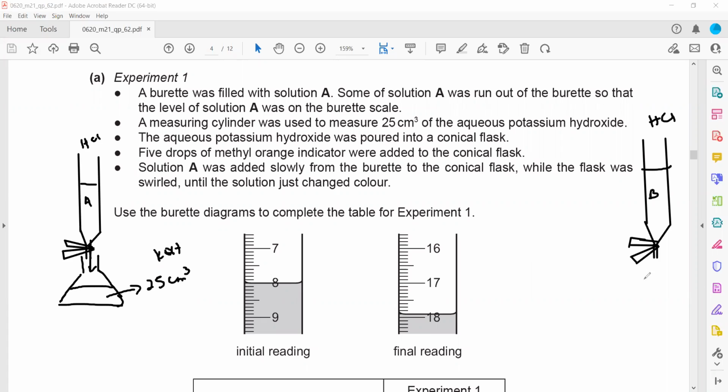And we also take 25 cm cube of potassium hydroxide using a measuring cylinder. We transfer that into a conical flask, and we use methyl orange as an indicator. So first it's in alkaline medium. When we add acid, the acid reacts with the alkali until the indicator shows a color change.